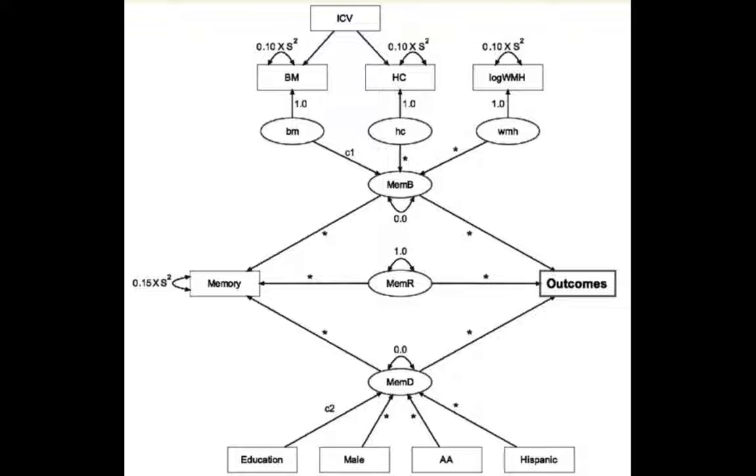For example, in predicting decline of another cognitive domain, it was the residual and the MEM-B component. MEM-D didn't really have an effect. I don't think it had a significant effect on conversion to dementia. But when we used single word reading as the external outcome, MEM-R and MEM-D were both related to that.